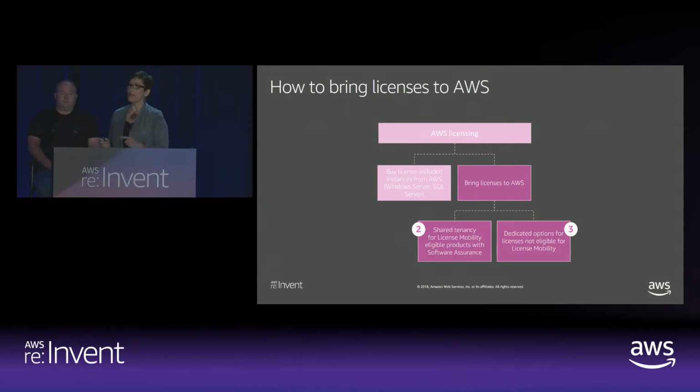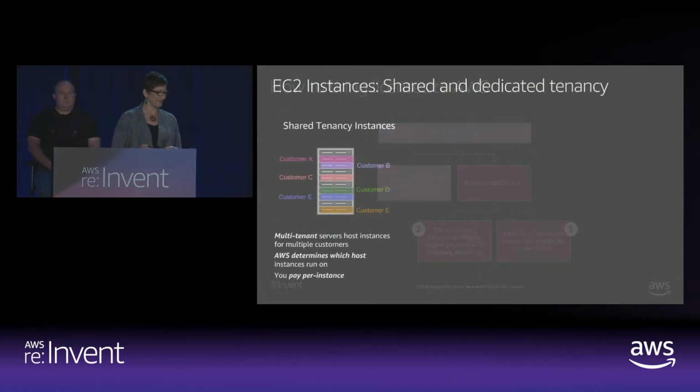So now let's talk about how you can bring your licenses to AWS. But before we go into the details of how you bring those licenses to AWS, I'd like to review with you the differences between shared and dedicated tenancy on EC2. This is a very important concept when it comes to Microsoft licensing.